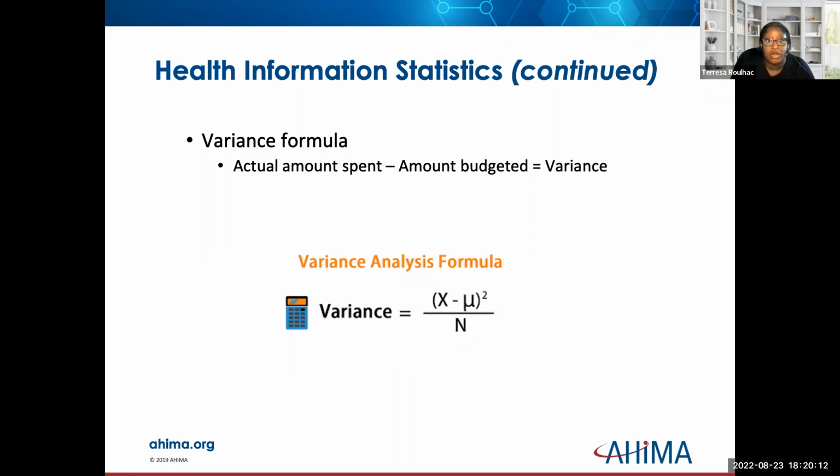A lot of us do this day-to-day when we're budgeting for our own personal expenses. We set aside an amount of money that we are expected to allocate for bills and food and gas. And then we come back to see, did we hit the mark? Were we over the mark? Were we a little bit under, right? We're checking to see what our own personal variances are.